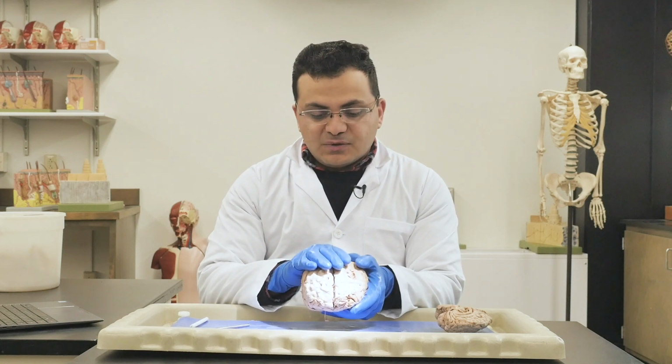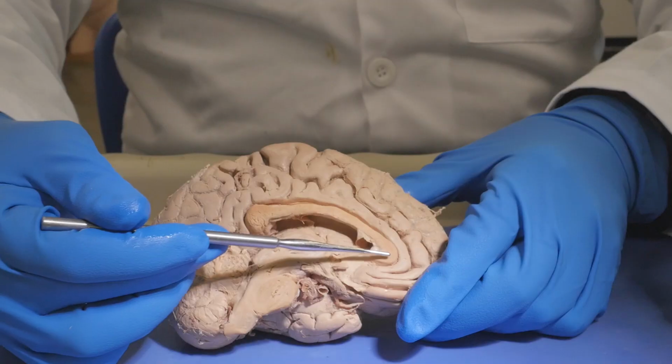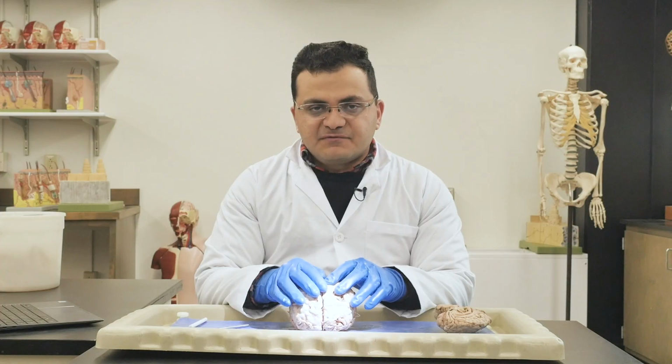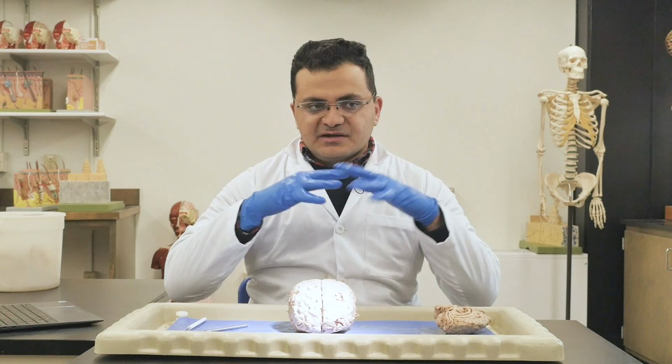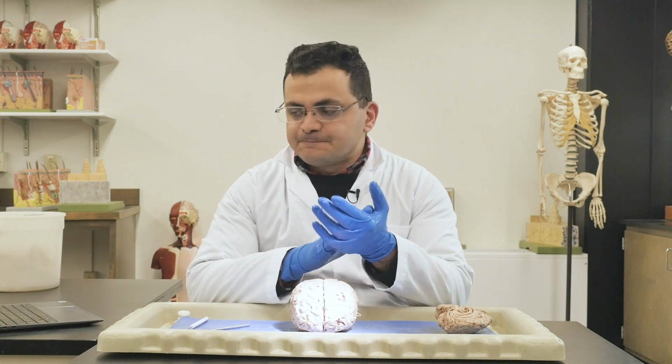You can't see it too well on the whole brain, but you can on the brain models and the half brain that I'll go through. The corpus callosum acts like a highway that connects the left and right hemispheres together and allows them to communicate with one another.